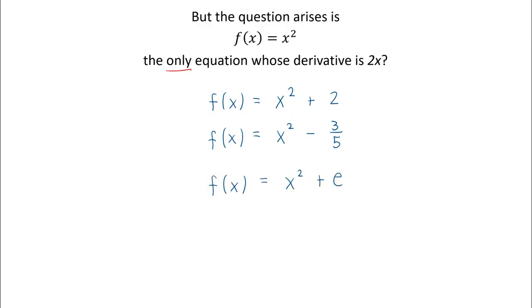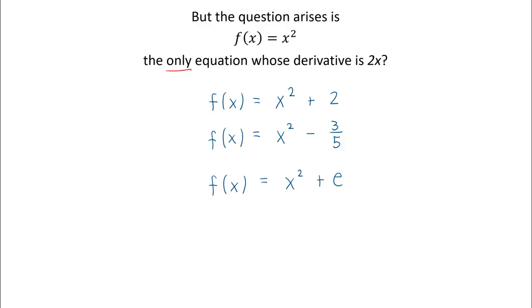Just like the function f of x equals x squared plus e. So as we can see, there are infinitely many functions that have a derivative of 2x, because there are infinitely many functions of x squared that only differ by a constant.